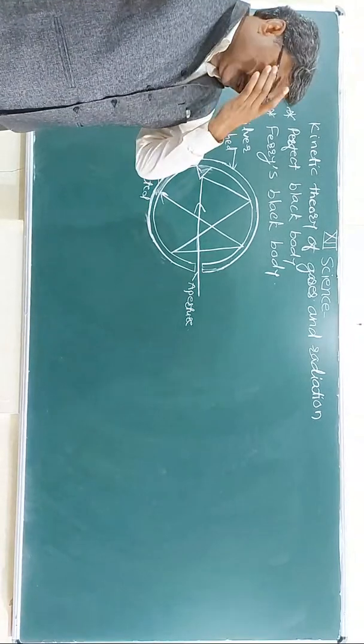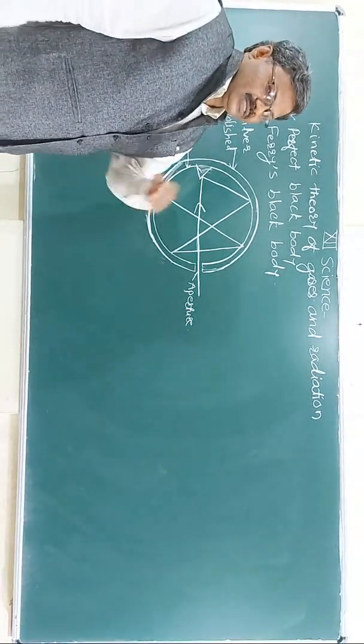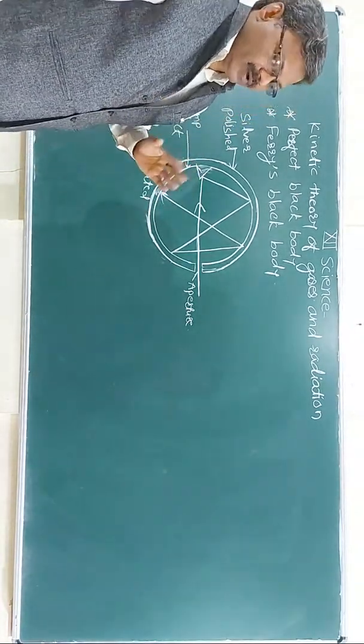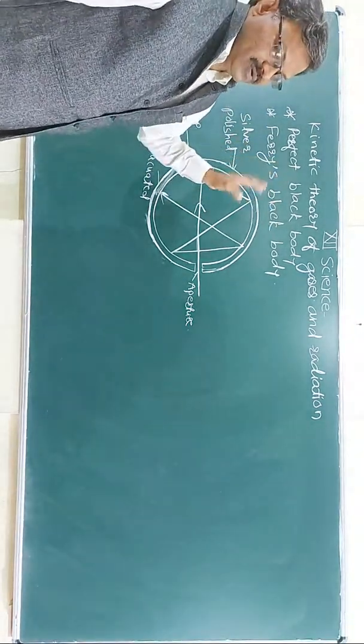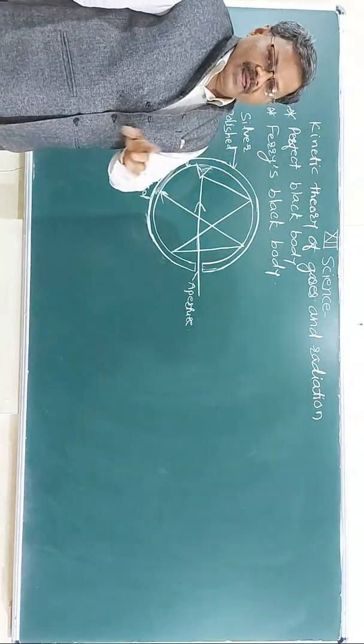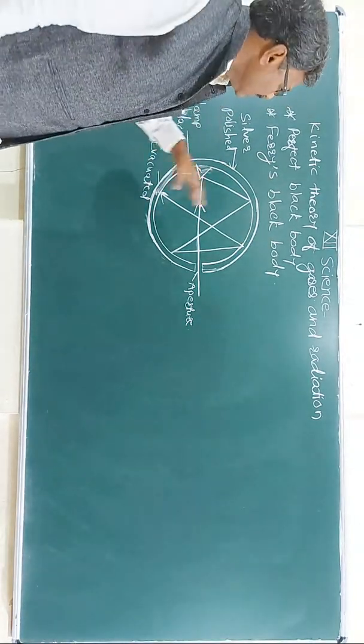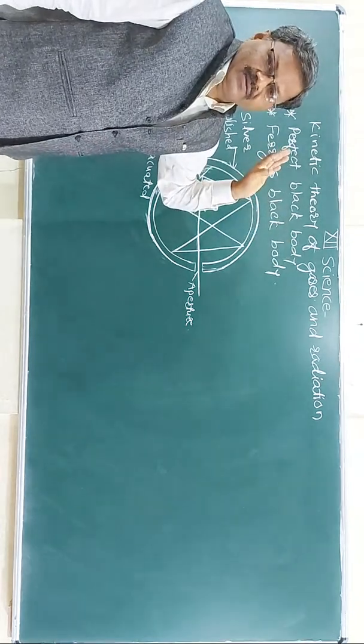Therefore, we use designed bodies which are called perfect black bodies. A Ferry's black body is an example of such a body. Lamp black and platinum black act as perfect black bodies.